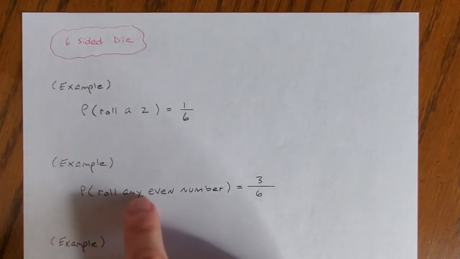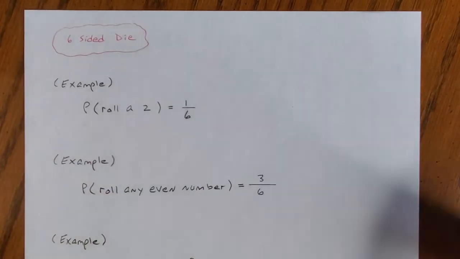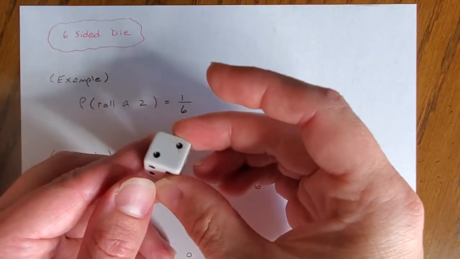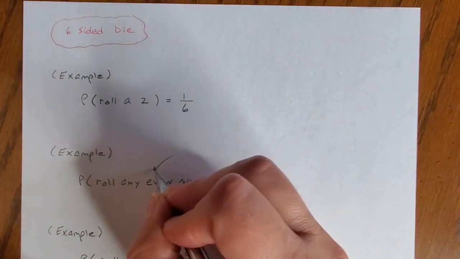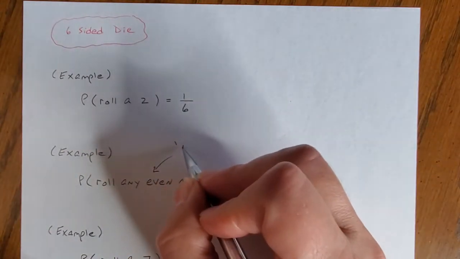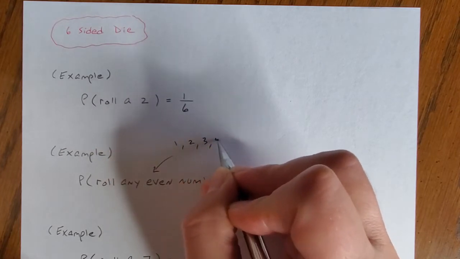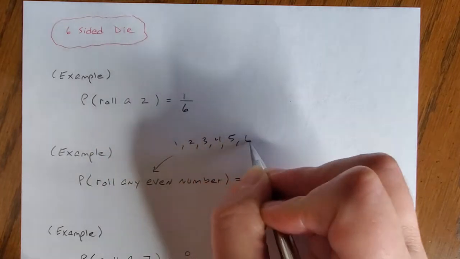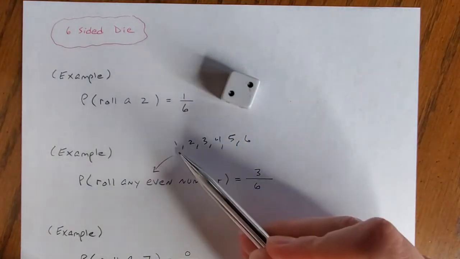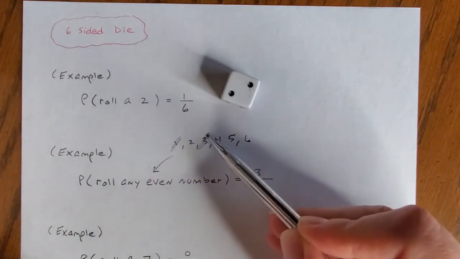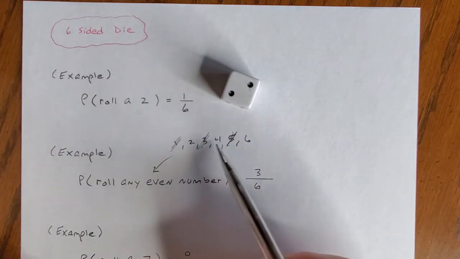Now, what about rolling any even number? I've got the numbers 1 through 6 on here: 1, 2, 3, 4, 5, 6. Those are the numbers on my die. To roll an even number would be not the 1, not the 3, not the 5, so it'd be 2, 4, and 6.